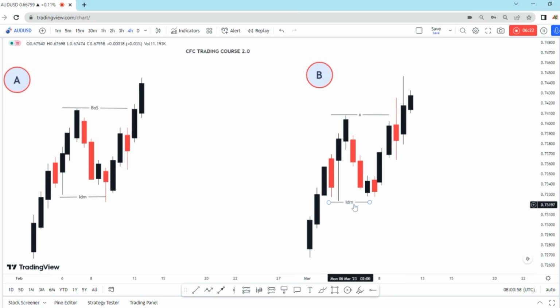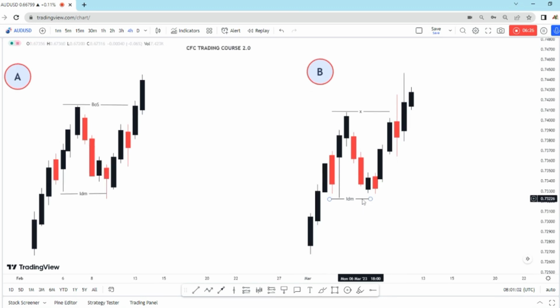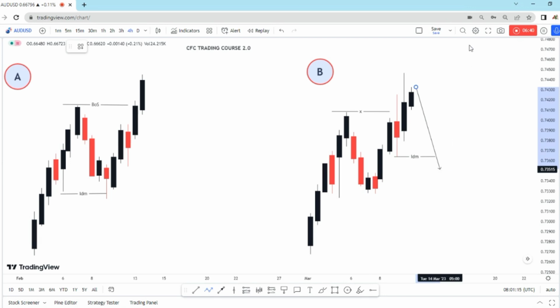Our inducement will now be taken from this particular low to the new inducement leg. And this new inducement leg will also be confirmed only if price pushes back to take that inducement and continues to an upside. All right, so that is how you can identify an inducement in this form.